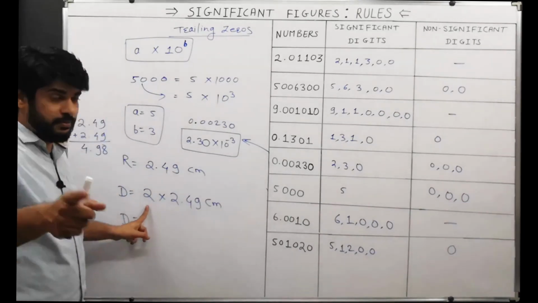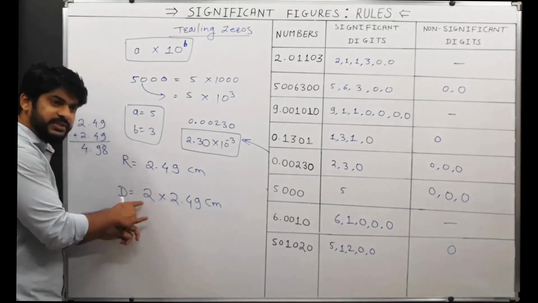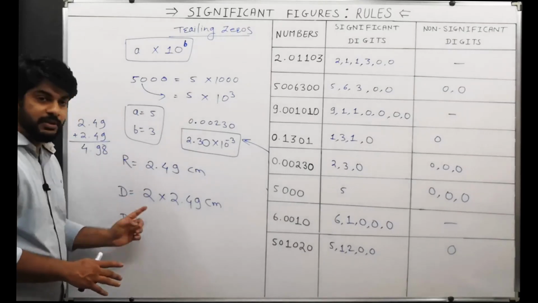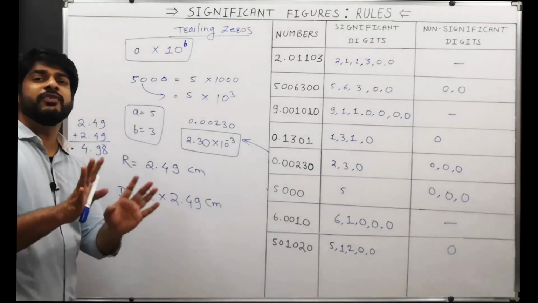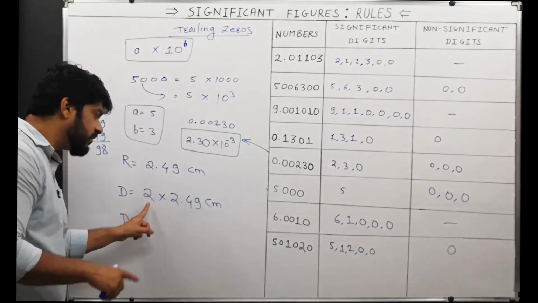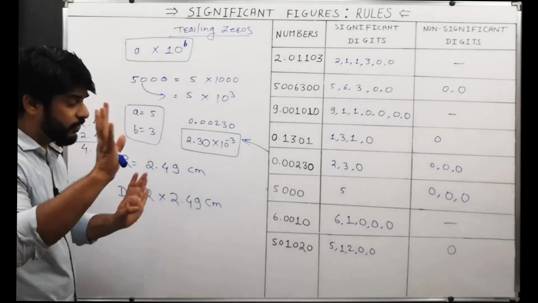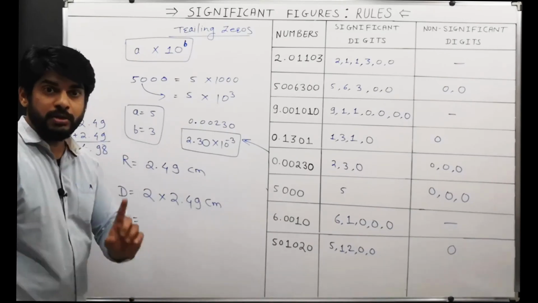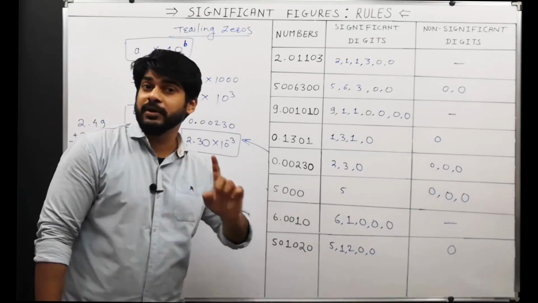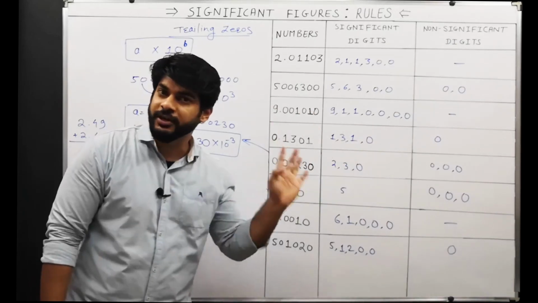If I consider this 2, which we just said is an exact number, as having only one significant figure, then according to the rule, the exact number has an infinite number of significant figures.